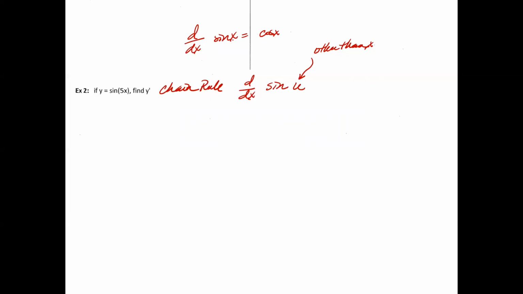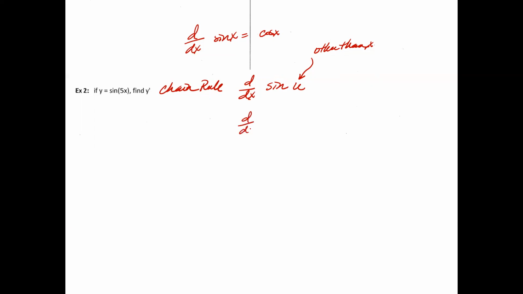Okay, for example 2, this is going to be the introduction to the chain rule. Basically what the chain rule says is that if you have something, and generally it involves a trig symbol, if you're looking for the derivative of, let's say, sine u, and u is a term other than x, because I know that the derivative of sine x is just cosine x.